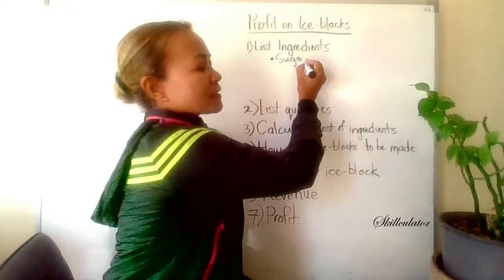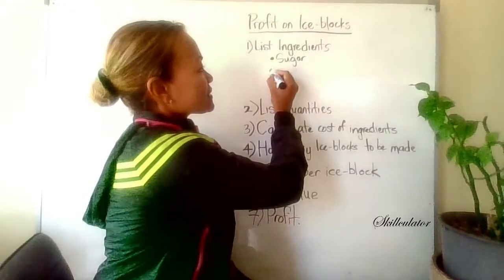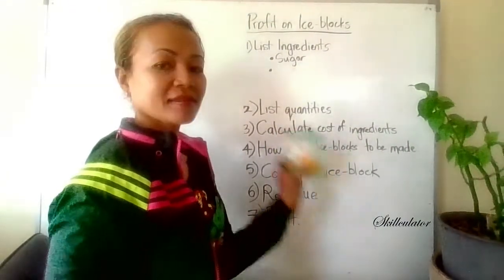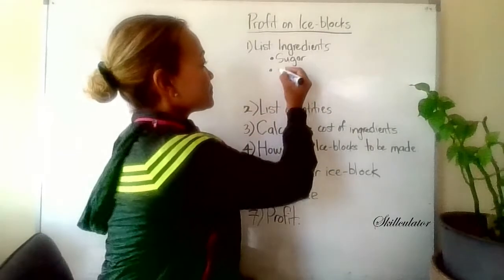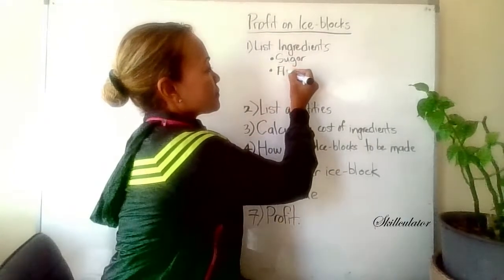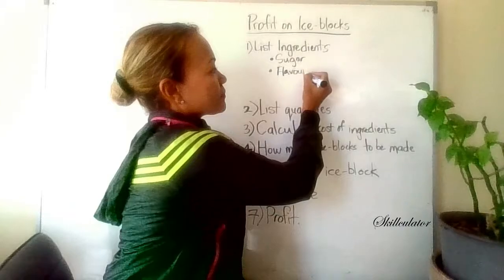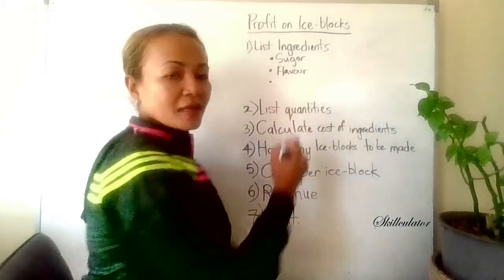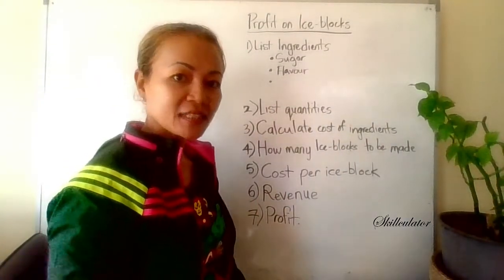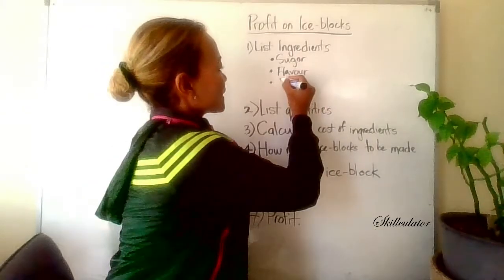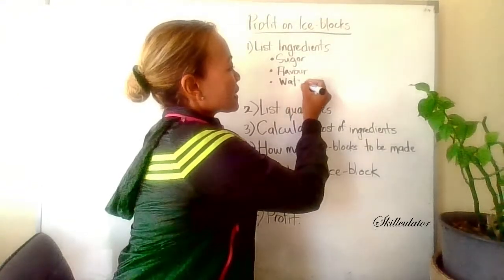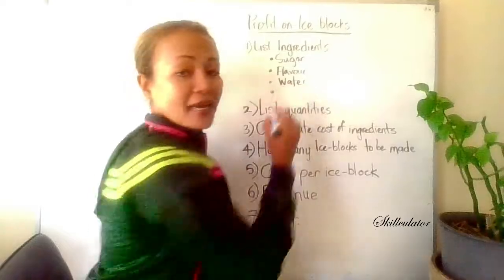Sugar. The second one is flavor. Water, we already know, is an ingredient, but we don't have the cost, but we write it there anyway. And then the fourth one are the ice blocks.